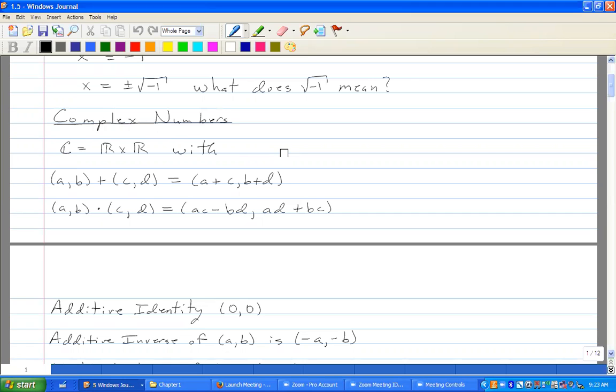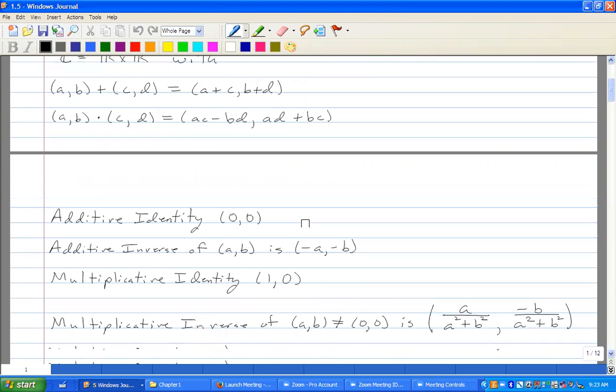If I want to define the operation of multiplication, then the product of the ordered pair (a, b) with the ordered pair (c, d) is just the ordered pair (ac minus bd, ad plus bc). We have the additive identity, which is just the ordered pair (0, 0).